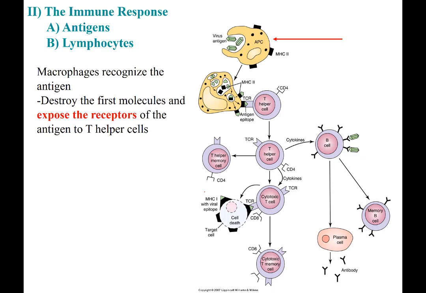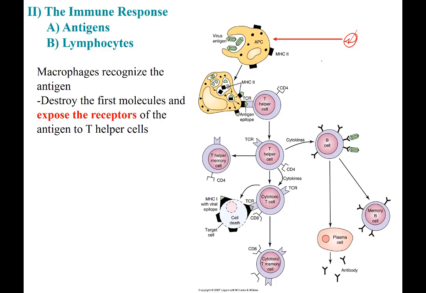So let's start from the top. You see here what the red arrow is. Those antigen presenting cells, or APC cells, are macrophages, or the family of macrophages. There are very different types of macrophages from different types of organs.